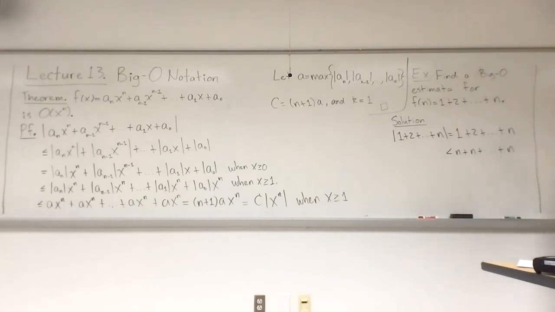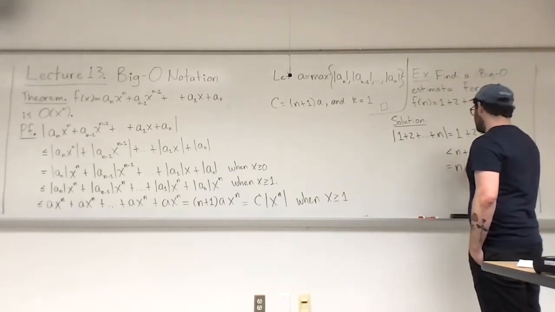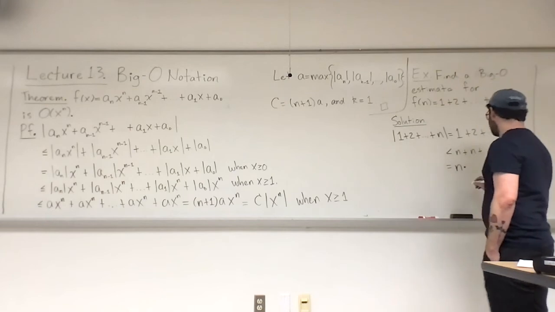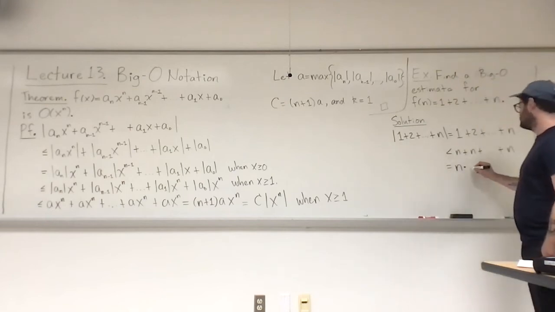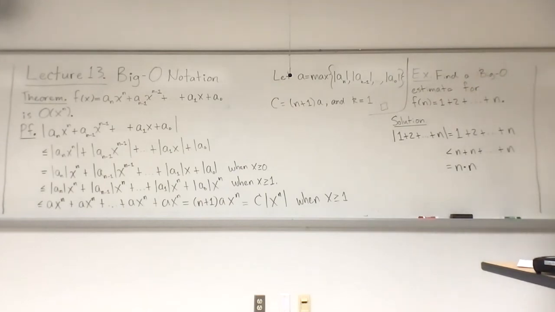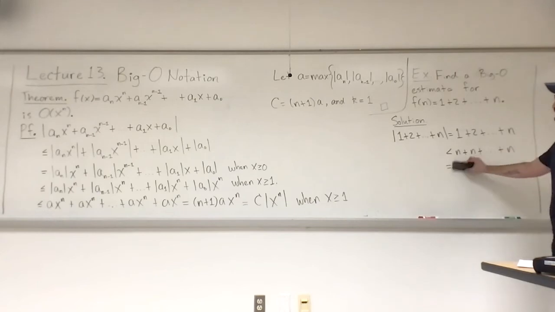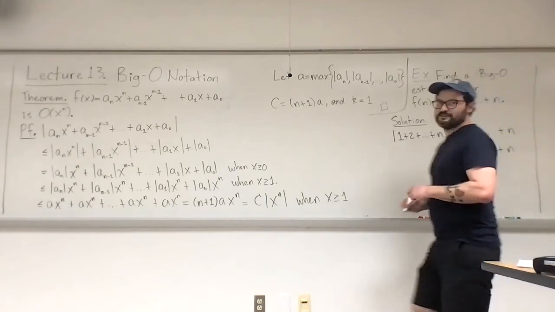How many n do we have? n of them, right? So this is equal to n times n, right? Oh, wait a minute. Is it the case? I saw one of you wince. How many of them are there?